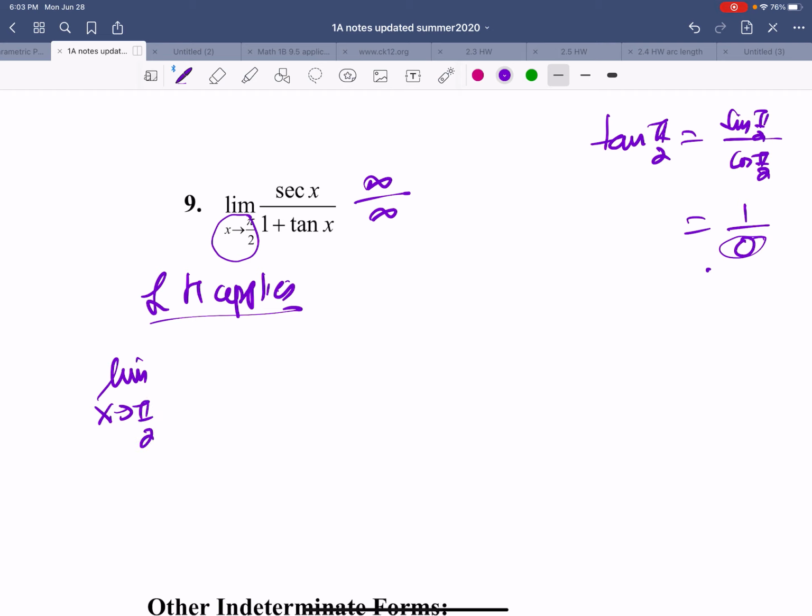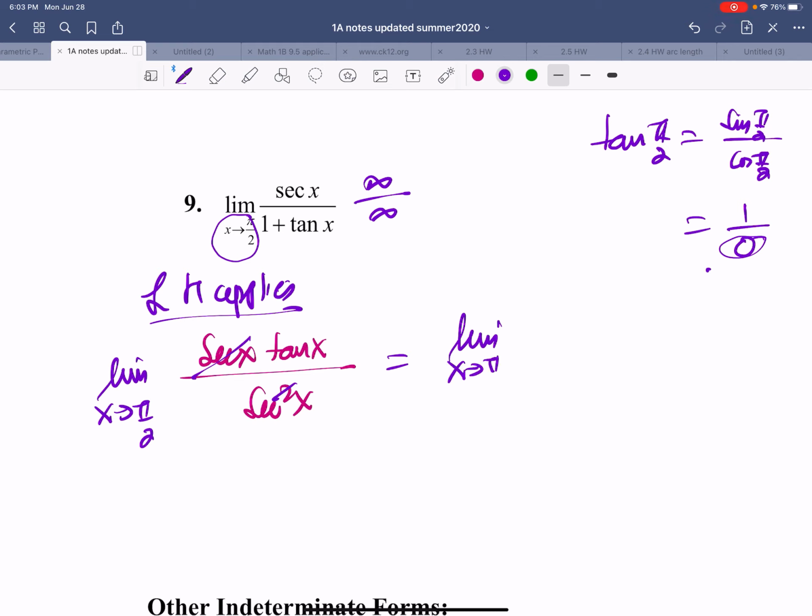Limit x approaches pi over 2. What is the derivative of secant x? Derivative of secant x is secant x tangent x over 1. Derivative of 1 is 0. So when we take the derivative of denominator, derivative of tangent x is secant square x. One of the secant x we can cancel.